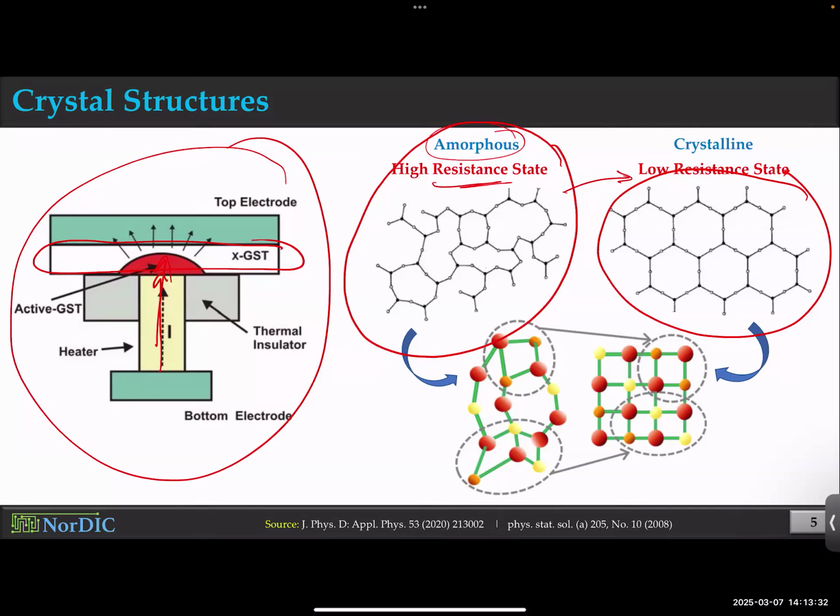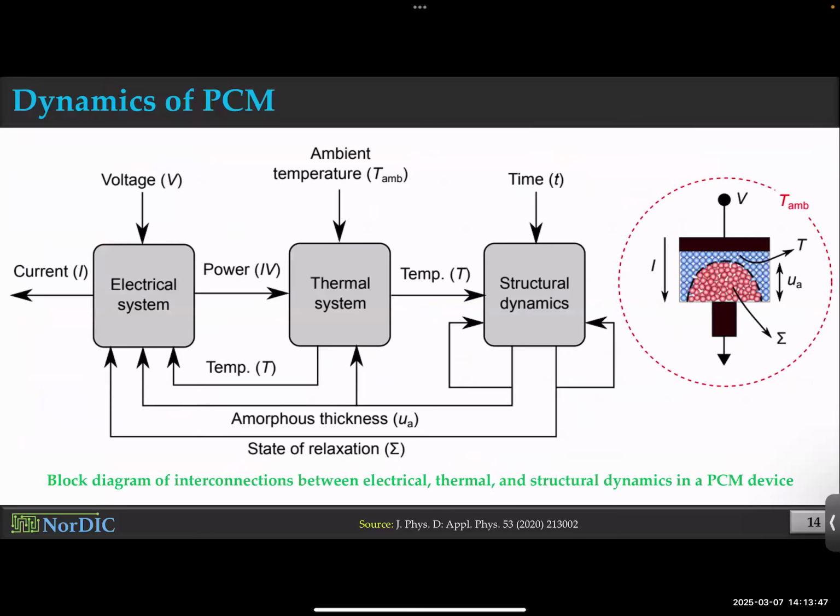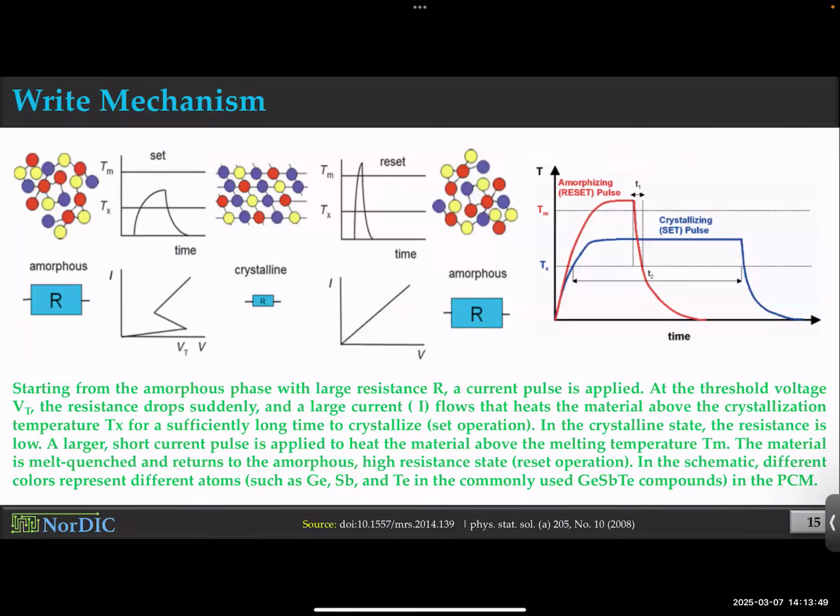Not every material will do so, by the way. Some of them will, and GST is one of them. Okay, but there is a certain approach that you have to follow to switch from amorphous to crystalline and crystalline to amorphous, and that comes up in the next slide right here.